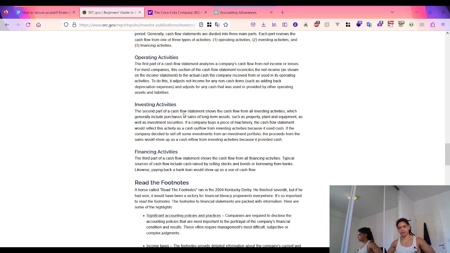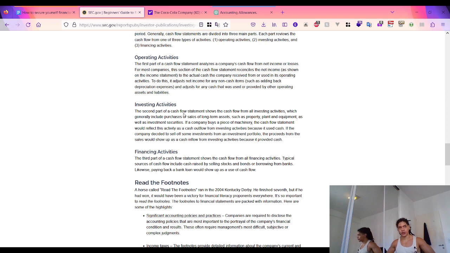Again, this investing activity shows the cash flow from all investing activities, which generally include purchase or sale of long-term assets, such as property, plant, equipment, as well as investment securities.